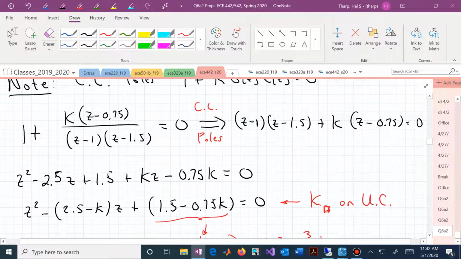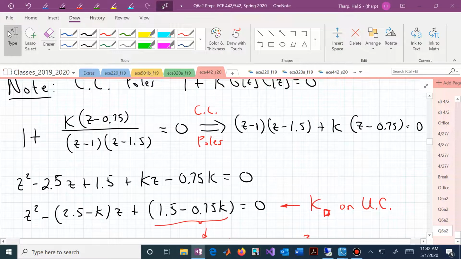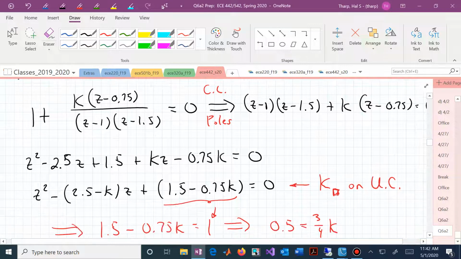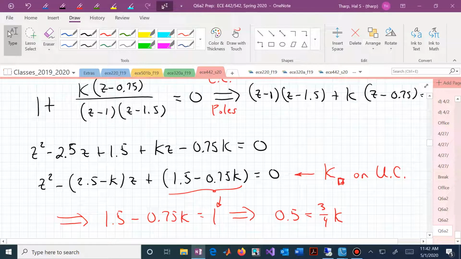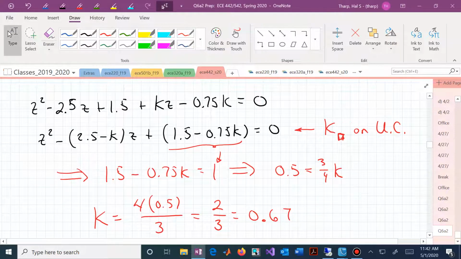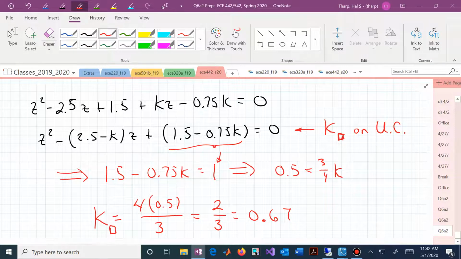So we know that the quadratic z squared, etc., must have roots with magnitude of 1, and that says then that the constant term is equal to 1. So now we know 1.5 minus 3/4 k is equal to 1. We now have one equation in terms of k, and that's in fact the minimum value of k that we need. So in this case, our k box is going to be 4 times a half, that's just 2, divided by 3, or 0.67.